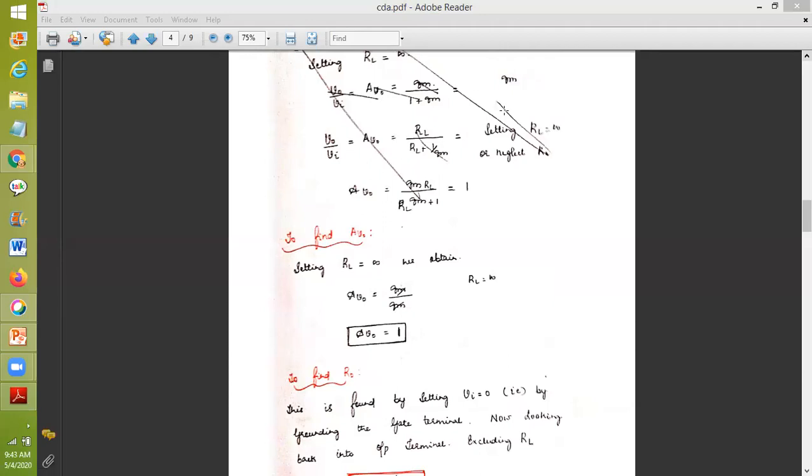Okay. So now we will bring that V0 Vi term to the denominator here. So when we bring the Vi term to the denominator, V0 by Vi is nothing but your AV, which gives you gm into RL divided by 1 plus gm into RL. Now consider the denominator. gm into RL is very much greater than 1.